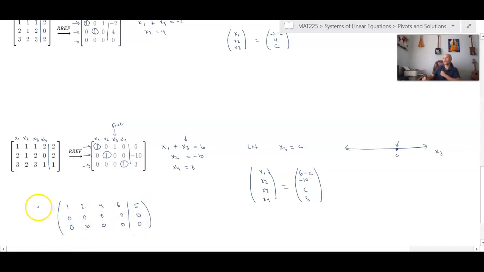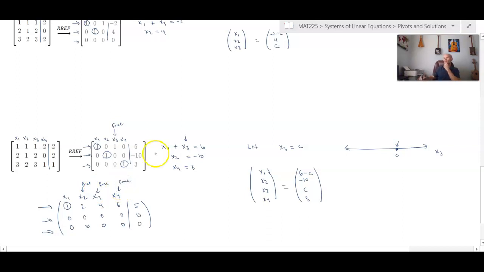Well, in this case, I go through the same process. x1 would not be a free variable, but row 2 has no non-zero pivots. x3 has no non-zero pivots. And so that means x2, x3, and x4 are all free. They would all be free in this example.